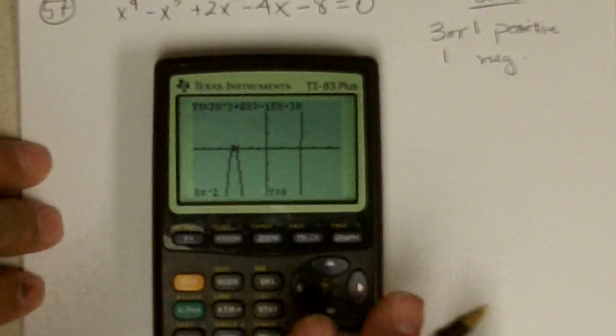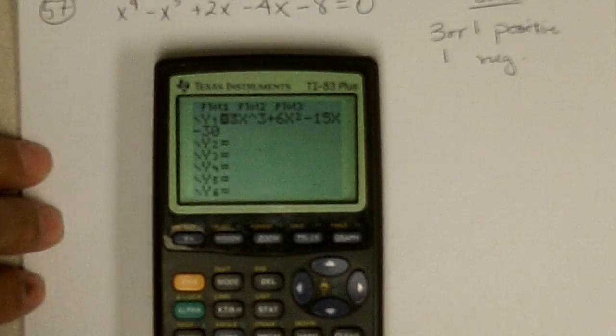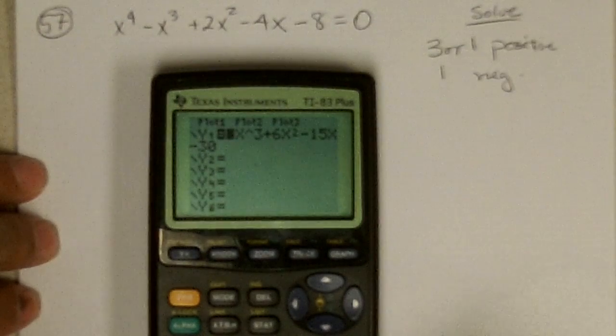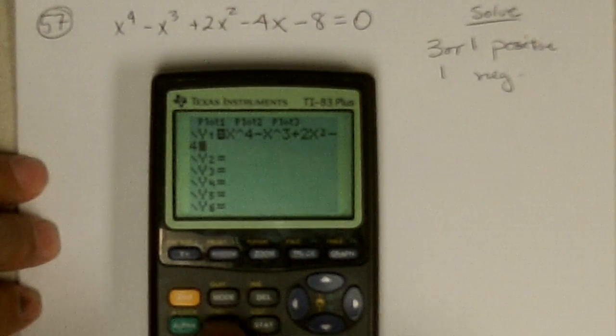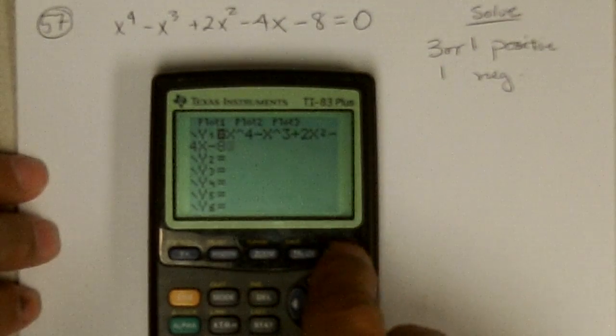So let's take a look at the graph to get us started here. So clear x to the 4th minus x to the 3rd plus 2x squared minus 4x, subtract 8, graph.